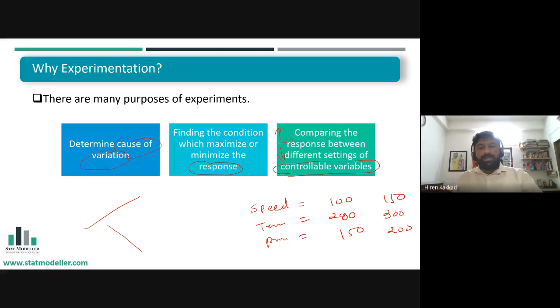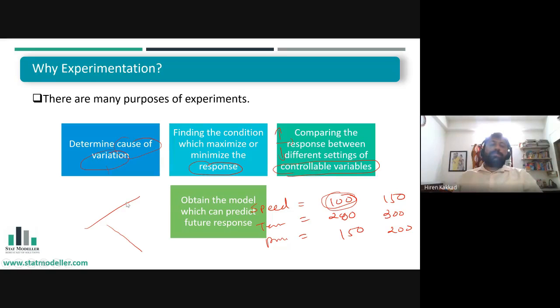Now I would like to understand, if I run this combination, when I keep the speed like that, these are all the controllable variables, if I keep at this level, then what would be the value of the response variable. And we would like to compare these values: when it is at 100, what is the value? When it is 150, what is the value? That is what we want to compare.